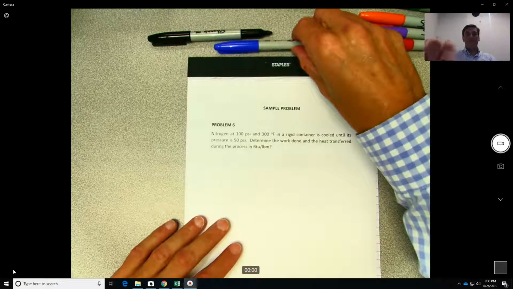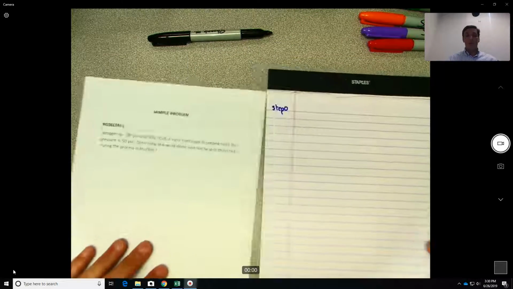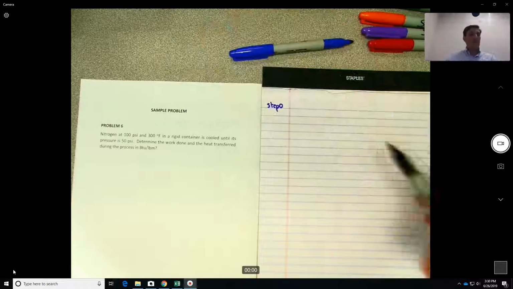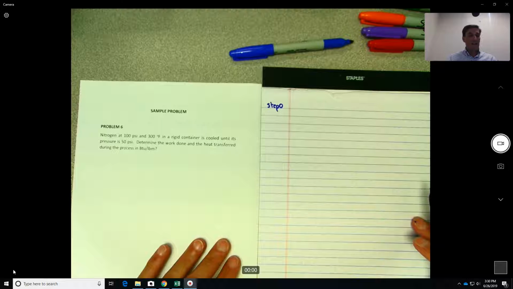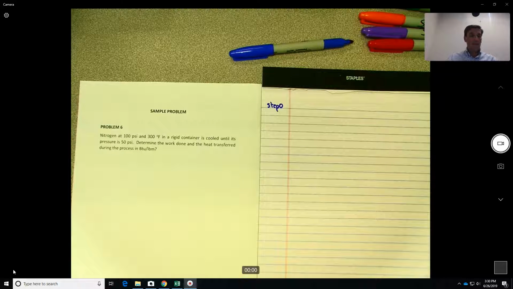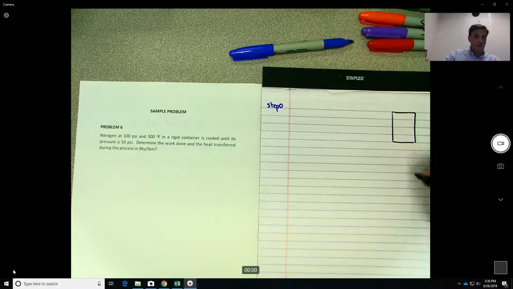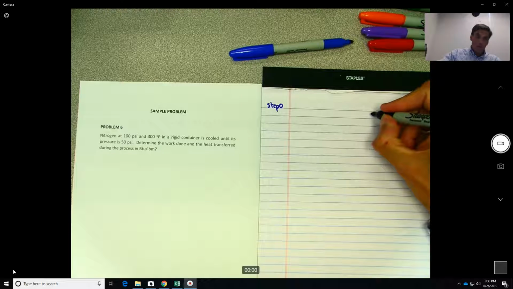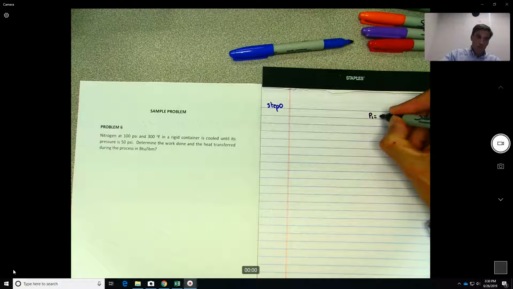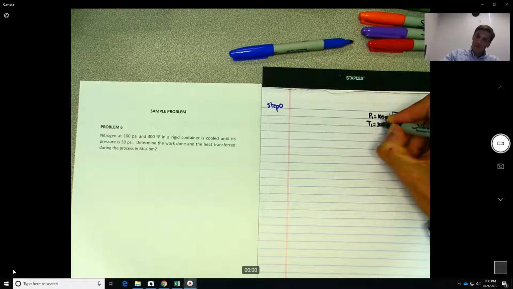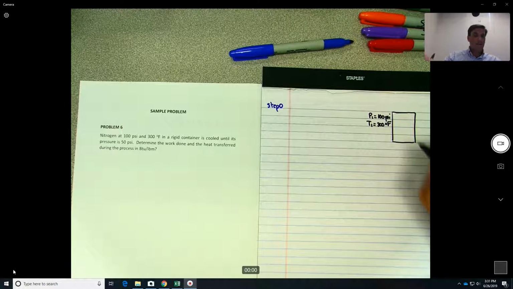All right, so let's read the problem statement over here. Step 0: nitrogen at 100 psi and 300 degrees Fahrenheit in a rigid container. So we know P1 equals 100 psi, T1 is 300 degrees Fahrenheit.